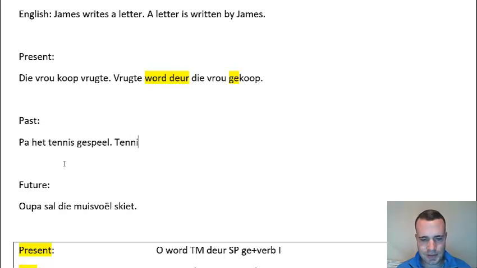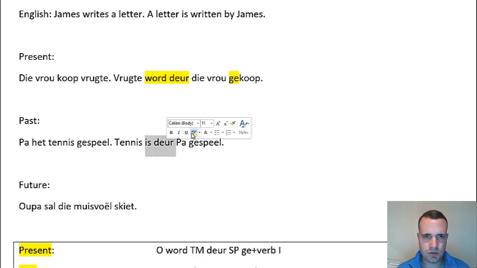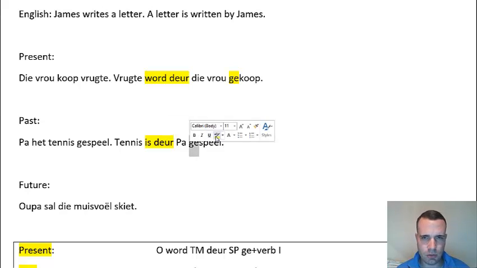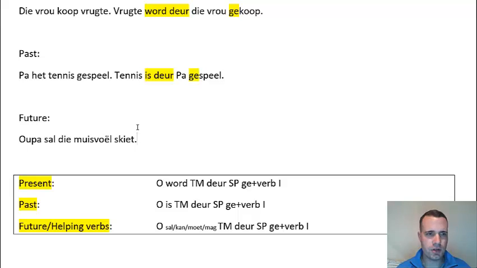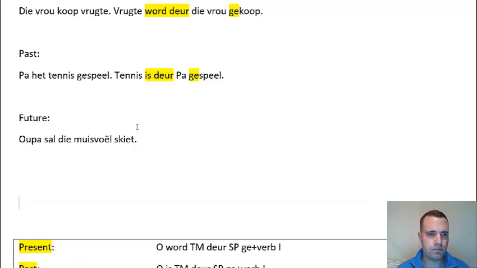Tennis is deur pa gespeel. Okay, so is deur for past tense. G on your verb. There's a g there anyway, doesn't matter.